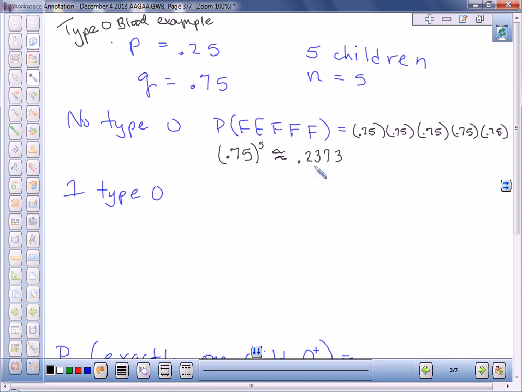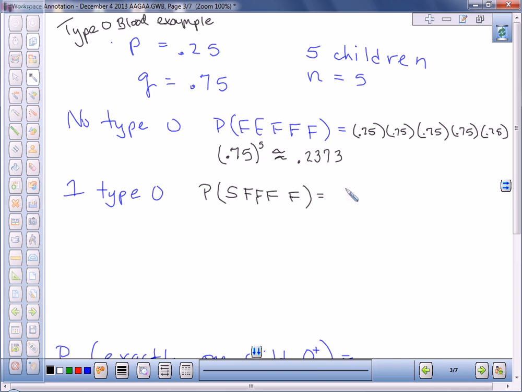Okay, now let's say what is the probability that they have 1 child with type O blood? So let's let the first child be a success. And then the rest would have to be failures. At least they have 1. So, what's the probability of that first one being successful? 0.25.